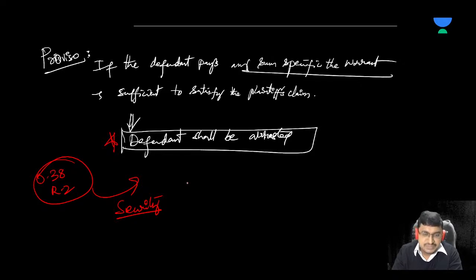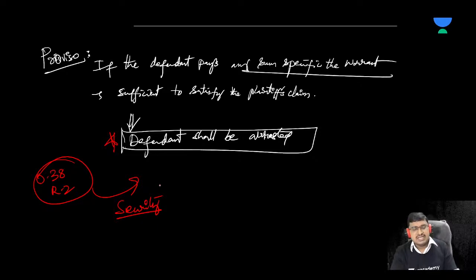Therefore, friends, this amount must be sufficient to answer the claim of the plaintiff, and along with this, okay, this surety means the third party gives a security before the court. He acts as a surety that whenever the court directs the appearance of the defendant, he must produce the defendant.